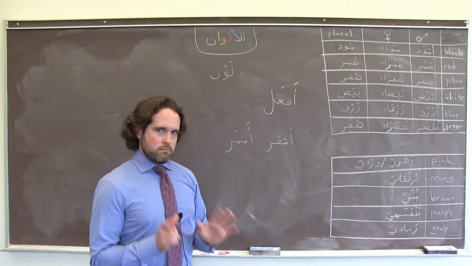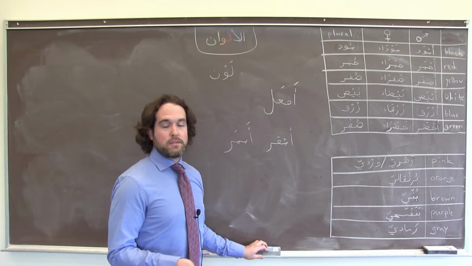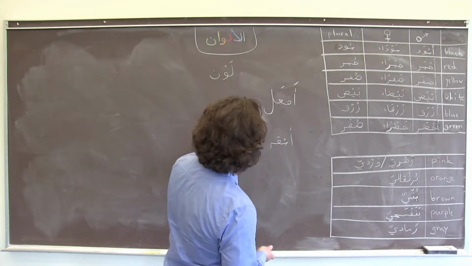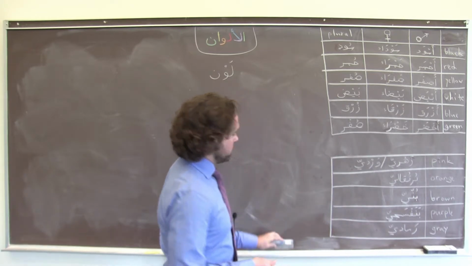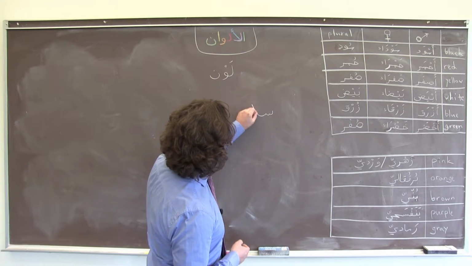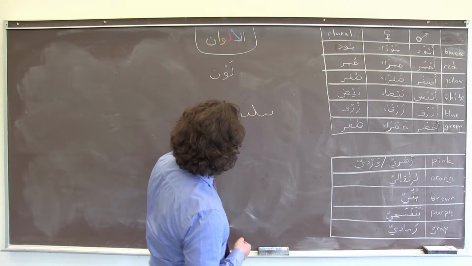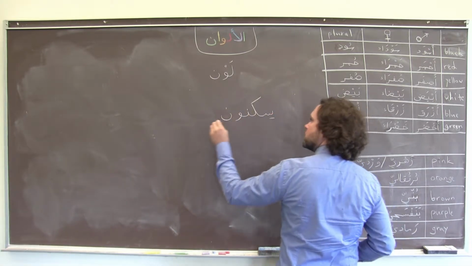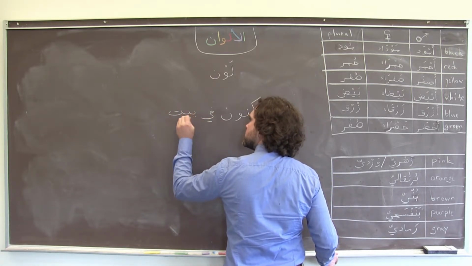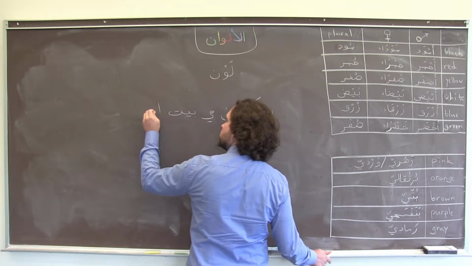So let's take a look at a few examples. If we wanted to say, They live in a yellow house, we would write يسكنون في بيت أصفر.